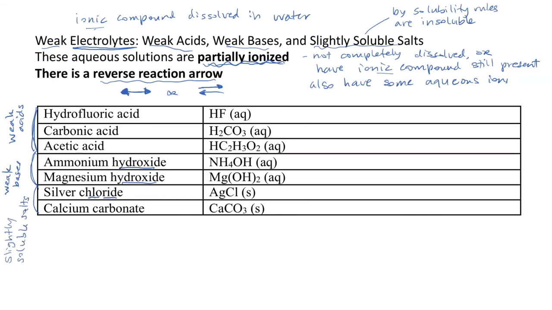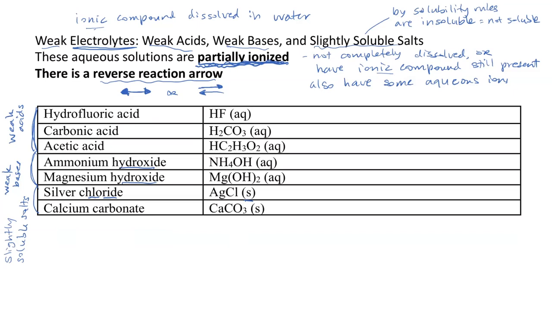Silver chloride is not soluble, it's insoluble. But because water can actually dissolve things so that you can have a little bit, some ions in the solution, you'll still have some ions. And that's the definition of a weak electrolyte, having some ions. So partially, even if it's just a very, very small amount, that's still having some ions in there. And water can do that, even when it's called insoluble.